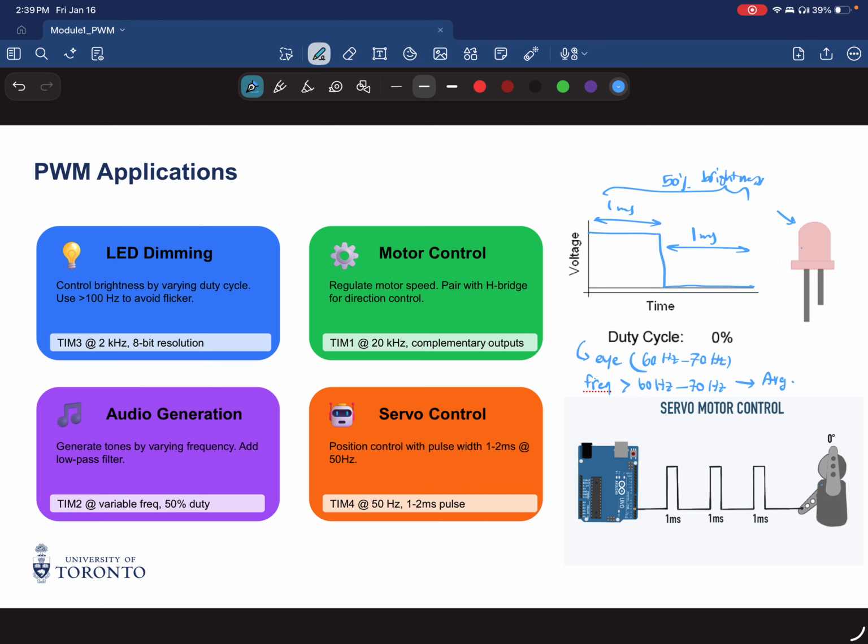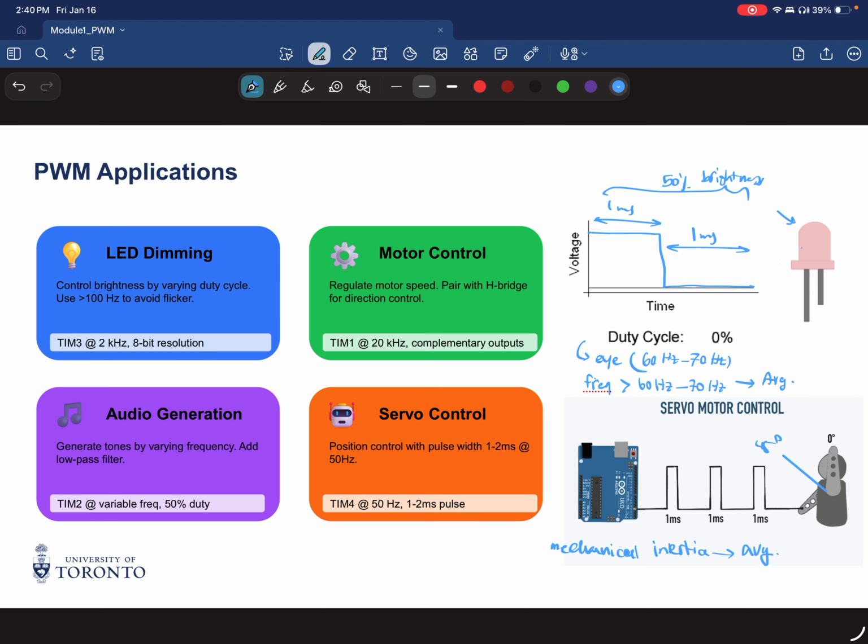Or a servo motor that goes from 0, let's say, to 45, and then 90 degrees. The mechanical inertia that we have in these motors would average it for us. That's a better term.